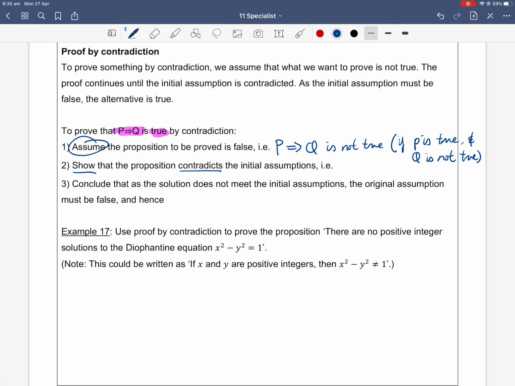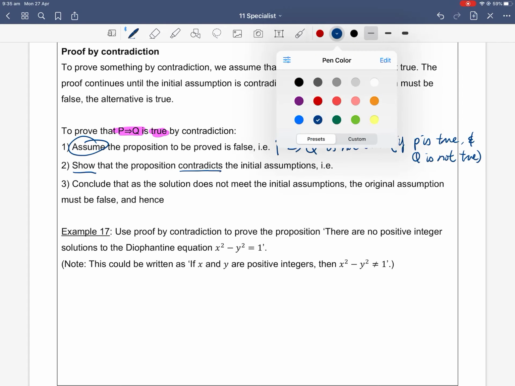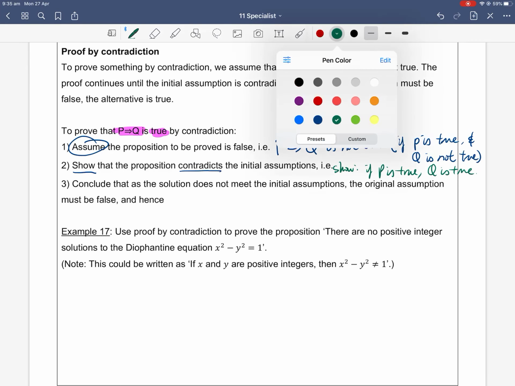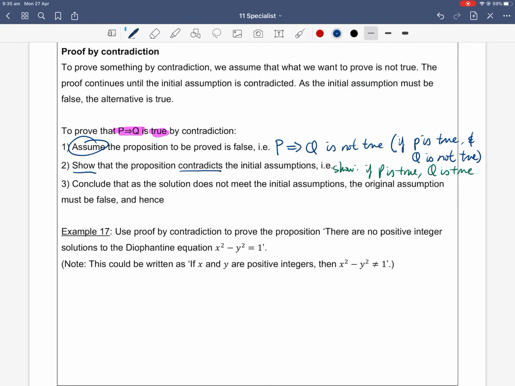We need to show that it leads to a contradiction. And then we can conclude that, since our original assumption is false, therefore the proposition is true.